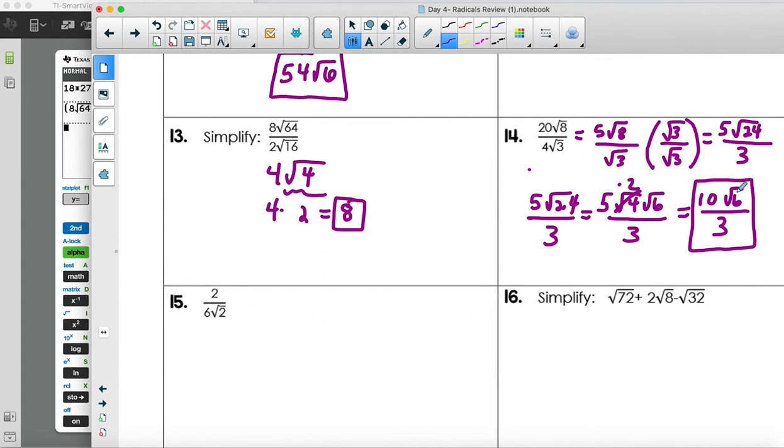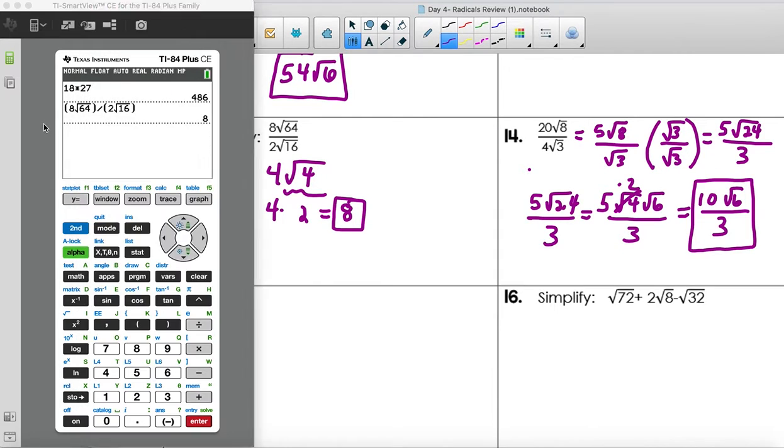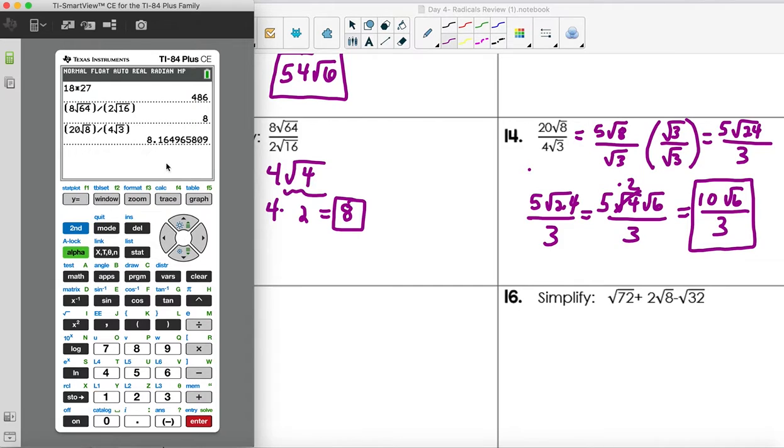And let me explain to you what I mean. So on the calculator, let's say you wanted to check your work. Again, I'm going to do parentheses 20 second square root of 8, come out, close my parentheses, divided by, open it up, 4 second radical 3, come out of your radical, close it up, and I get this decimal.